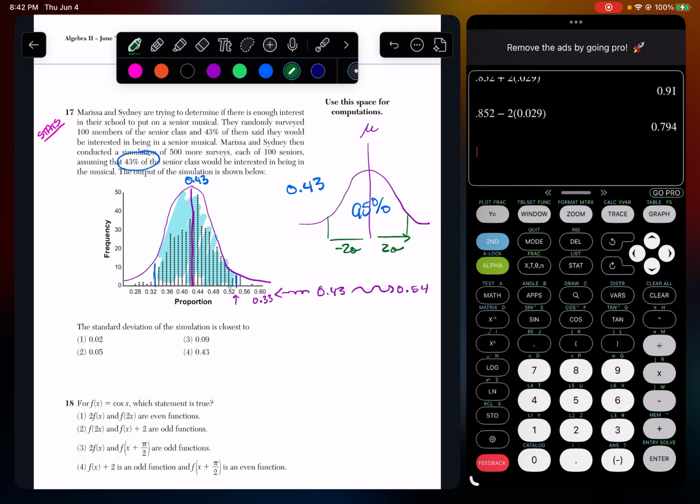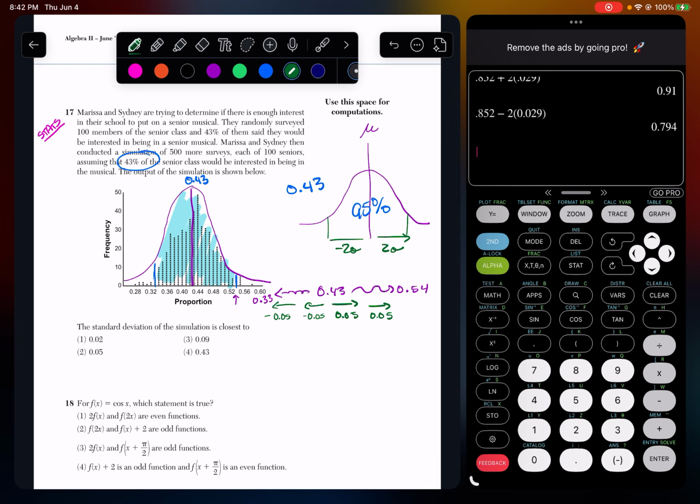What this means is that I'm going up about 0.1 and going down about 0.1. If that's 2 standard deviations, that would be 0.05 plus 0.05, and it would be down 0.05, down 0.05. So just visually, if I approximate what 95% looks like, 2 standard deviations is somewhere around 0.05.